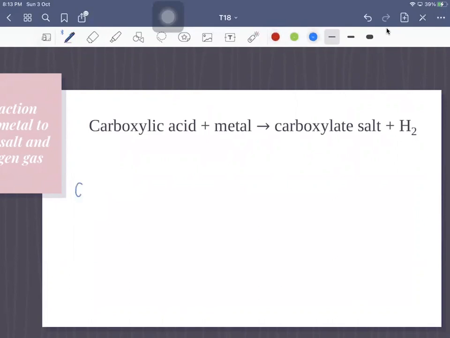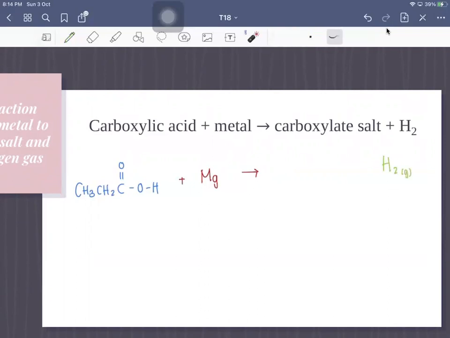Propanoic acid, CH3CH2COOH. I'm only drawing out the functional group, plus magnesium metal, which is a solid, to form, the easier product would be hydrogen gas, and the salt.